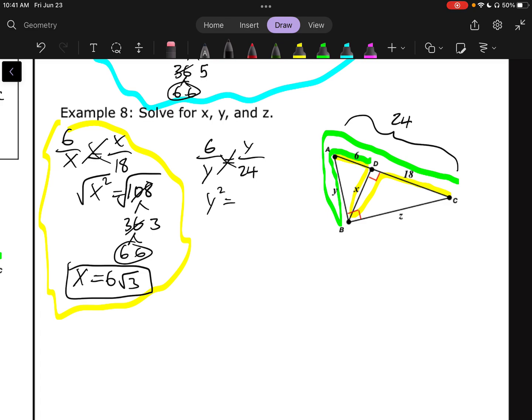It's going to give me y squared is equal to 6 times 24, which is 144. Take the square root of that, and that's a perfect square. Get y is equal to 12.